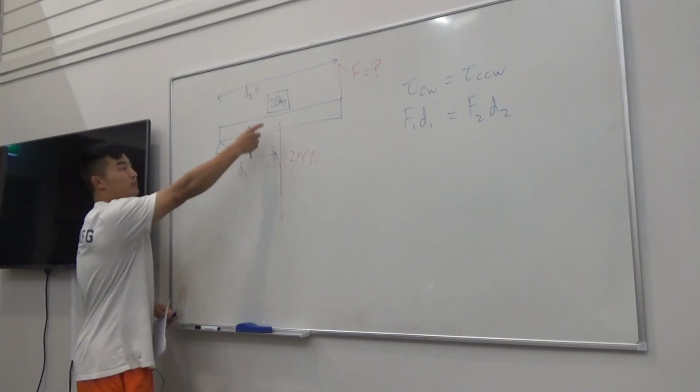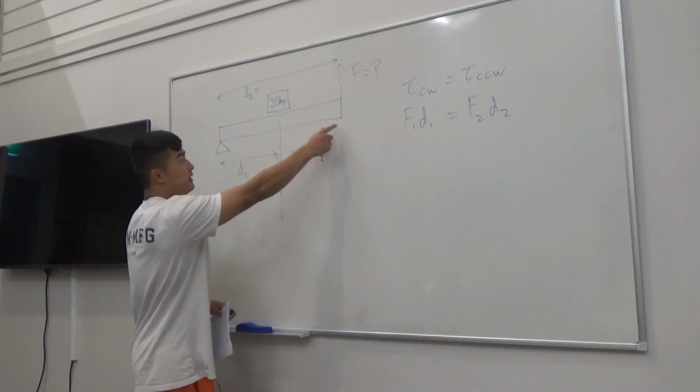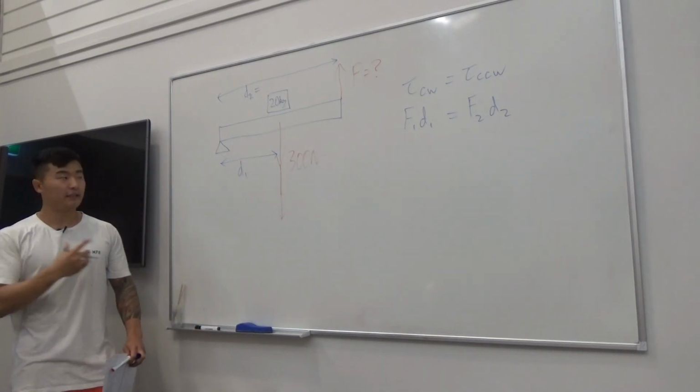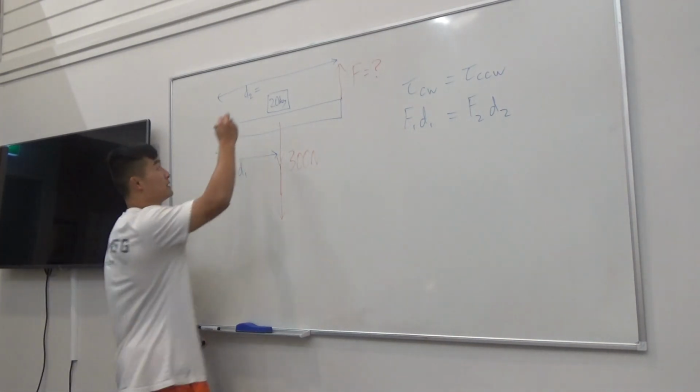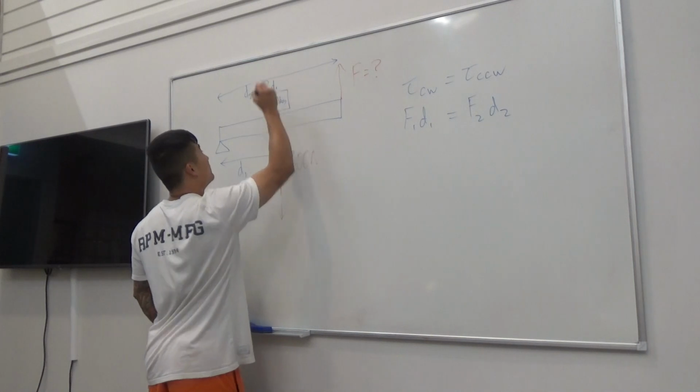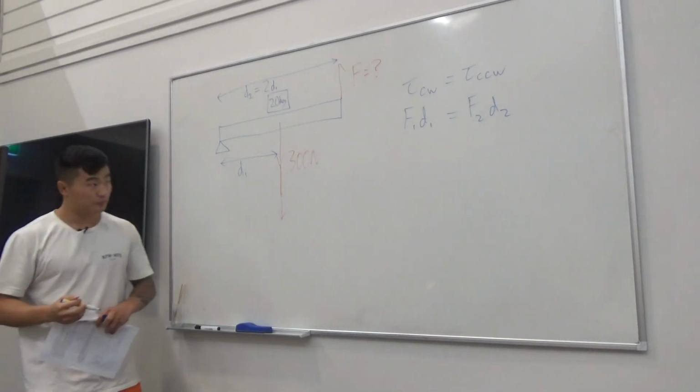Since this is the midpoint of the ladder, the distance to the end of the ladder must just be twice D1. So we can say that D2 is equal to 2 times D1, right? Does everyone get that? Cool.